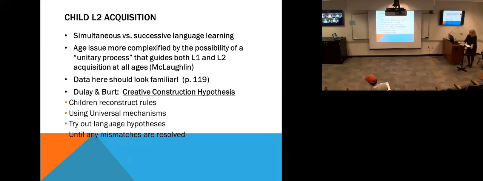Yeah. So what they said was that children are using this innate thing, and what they call it is creative construction. Okay. What that means is that they look at the data, they look at the input that they have, and they start hypothesizing what should be happening.